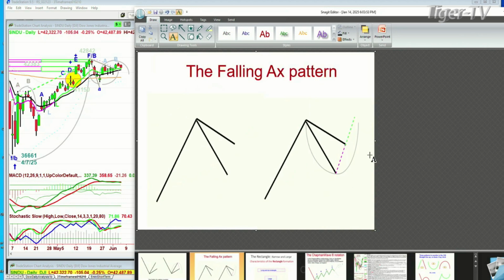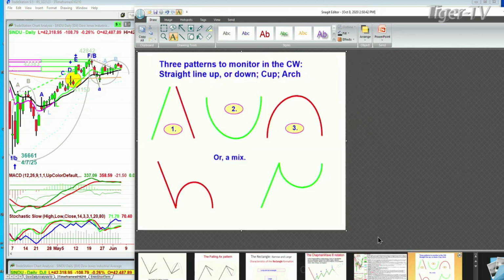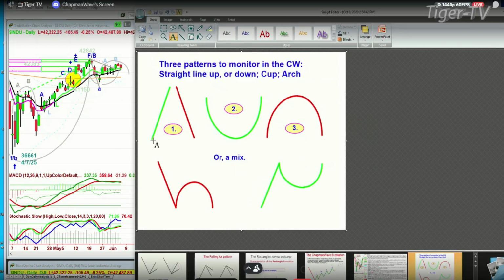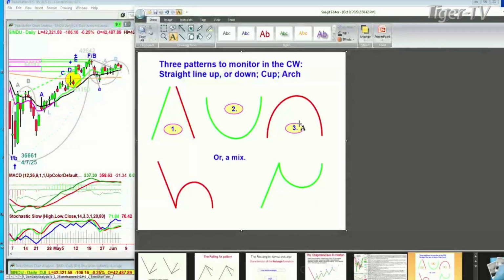Then there's a base that forms, and all of a sudden, this negative pattern becomes quite positive because the price takes out the upper declining trend line from the cone pattern. That means you could go to the next high, left side high, and then all the way to the previous high. That becomes a cup formation. That becomes this one that we were just looking at right here. Click there. That one, right? So they all modulate on this straight line up or down, cup or arch formation.